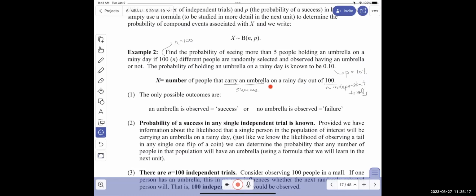Carry an umbrella. All right, so what does it mean for this to be independent? What has to be true for these to be independent? Give me some examples where it wouldn't be independent.